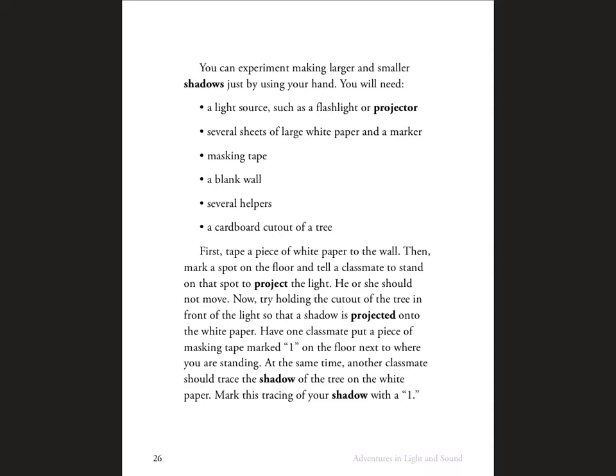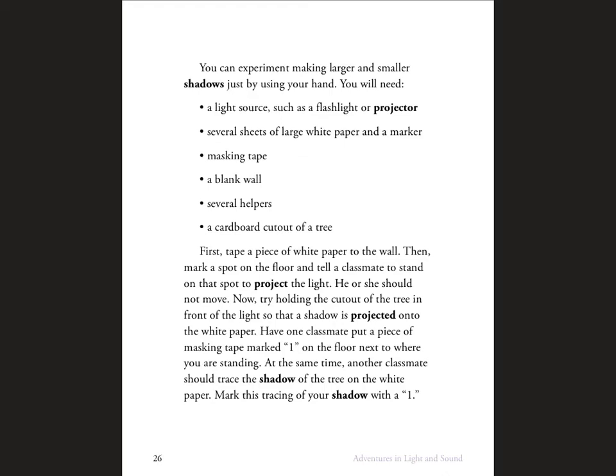Now, try holding the cutout of the tree in front of the light so that a shadow is projected onto the white paper. Have one classmate put a piece of masking tape marked 1 on the floor next to where you are standing. At the same time, another classmate should trace the shadow of the tree on the white paper.